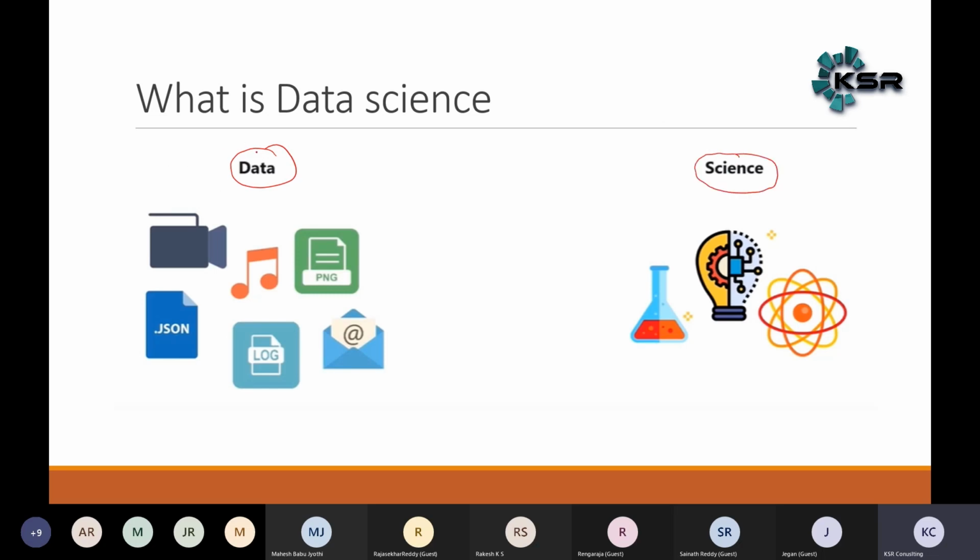As we just discussed, data has two different types. One is structured data, second is unstructured data.